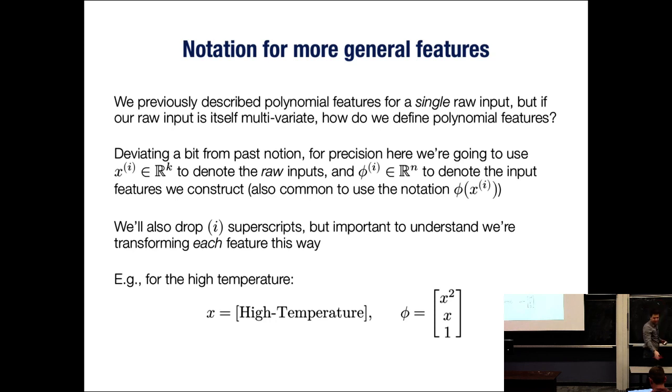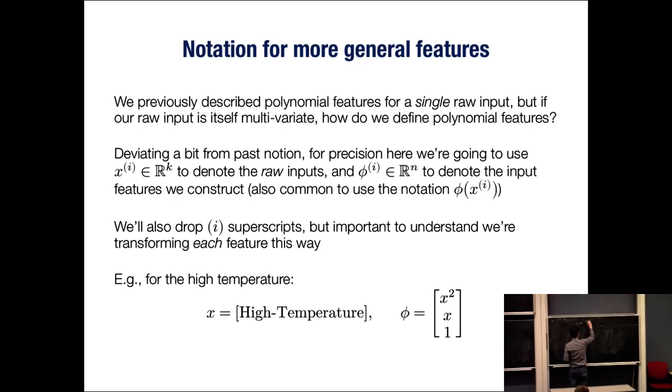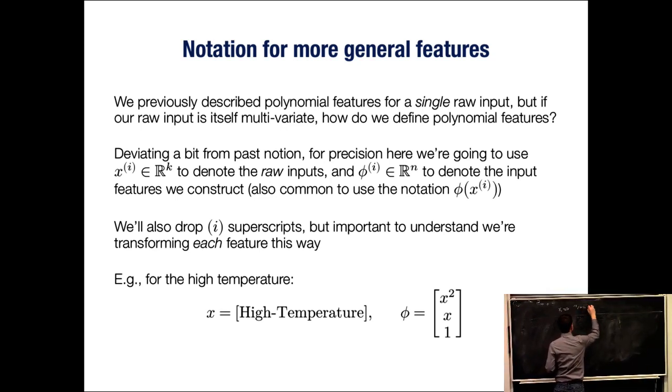So x, in general, here is going to refer to the raw inputs, where the raw inputs are the base underlying inputs to the features. In the case of the temperature, the raw input would just be the temperature, and then the features would be all the polynomials we construct in that raw input.